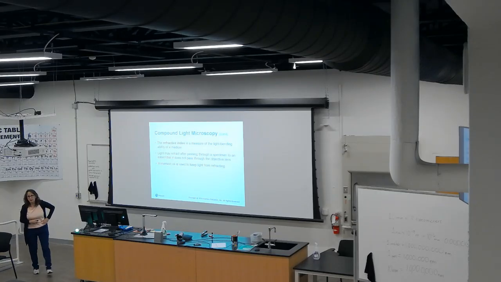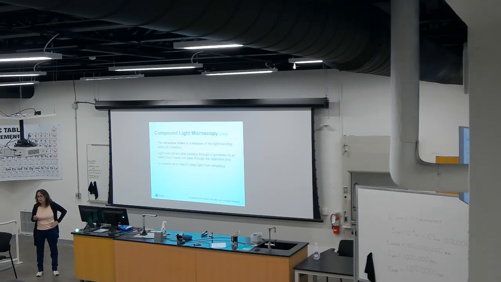How can you reduce it? Well, by adding, for instance, oil between your sample and the objective lens. That way you can capture as much light, and this oil will have a similar refractive index as the glass slide that you're using.